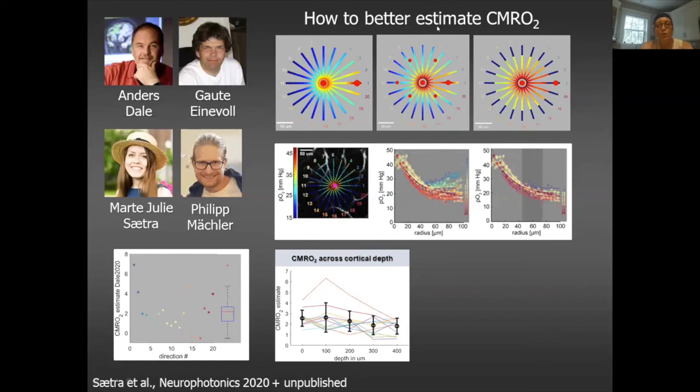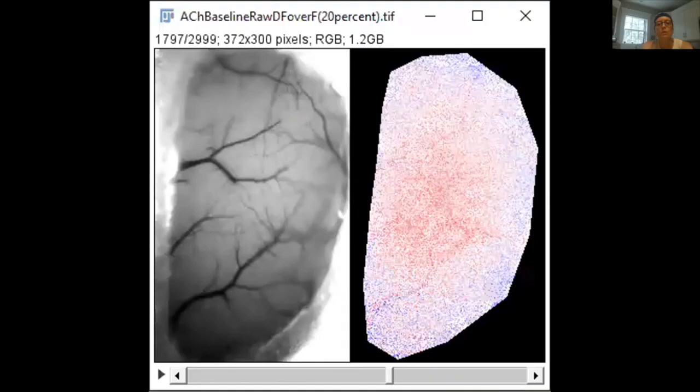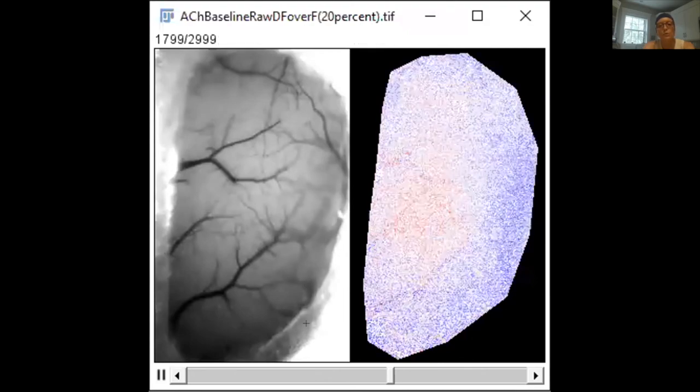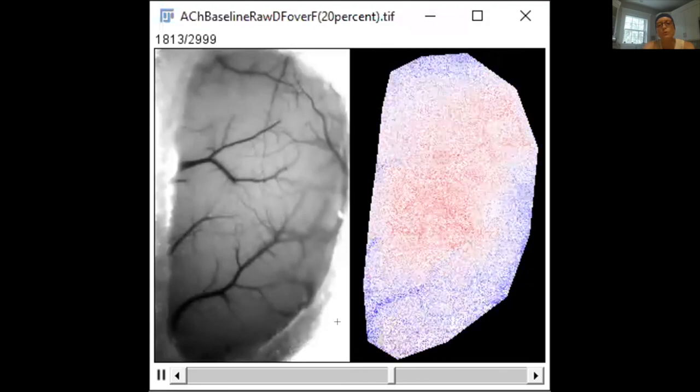I'm gonna show you very quickly a very short piece of movie. So this is hot off the press. This is now a sensor for acetylcholine, which is expressed all over the brain. This is one hemisphere of the mouse. We're looking from the top. And in here, I just want you to appreciate the dynamics.